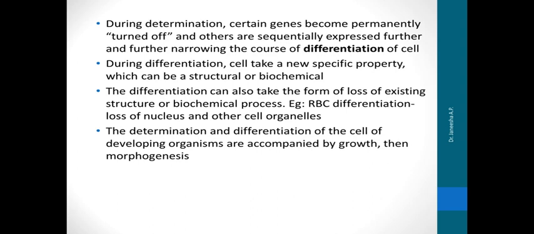The determination and differentiation of the cells of developing organisms are accompanied by growth, then morphogenesis. Initially, from the zygote, the cell is determined, then the determined cell is differentiated. After differentiation we get a tissue, a group of cells having a common function. After this, the organism is accompanied by growth, then morphogenesis.